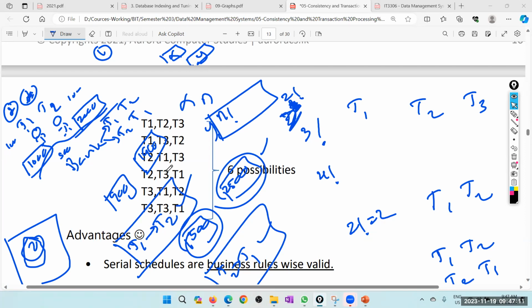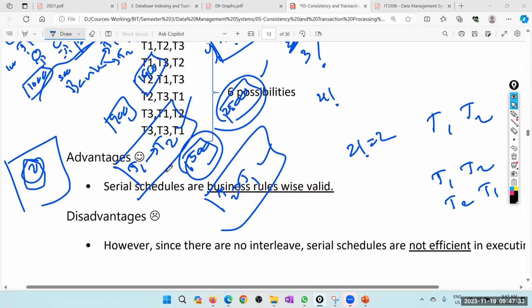Okay. So therefore, the first thing you have to understand is when you have a set of concurrent transactions, n number of transactions, there are factorial n possible serial transactions, and all those factorial n possible serial transactions are valid, though they can result in different outcomes.